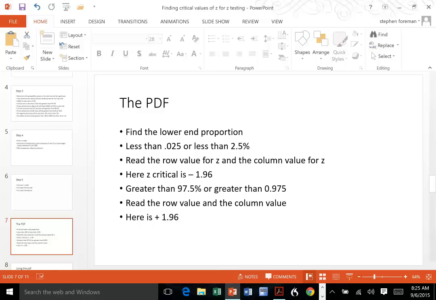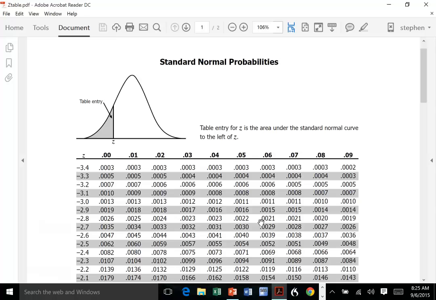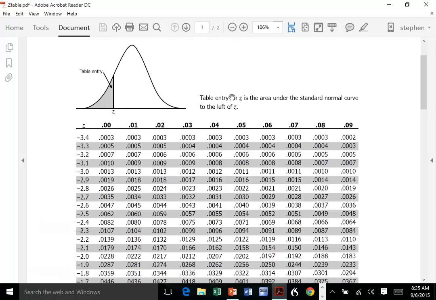For the PDF, we want to find the lower end proportion, and that's values less than 0.025. So let's pull up the PDF. Here we are. This normal distribution here shows the critical area that we're going to try to find a Z value for.